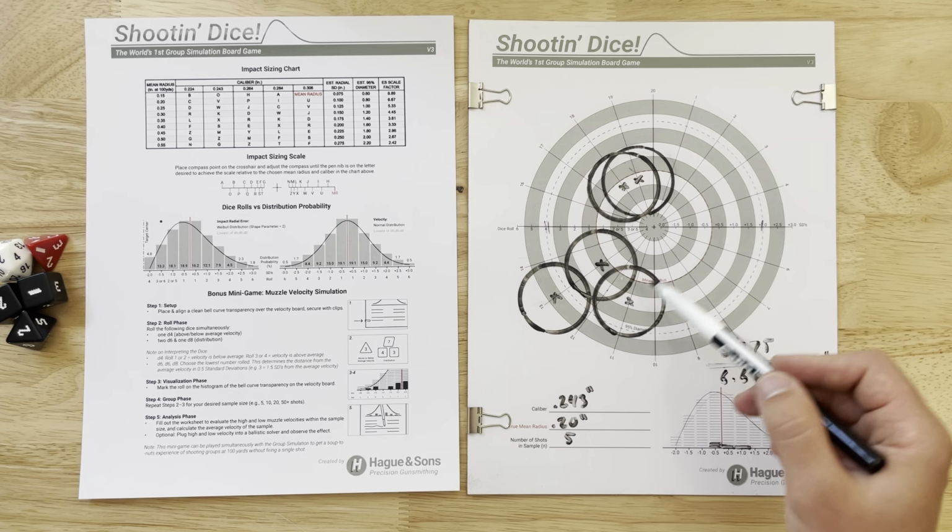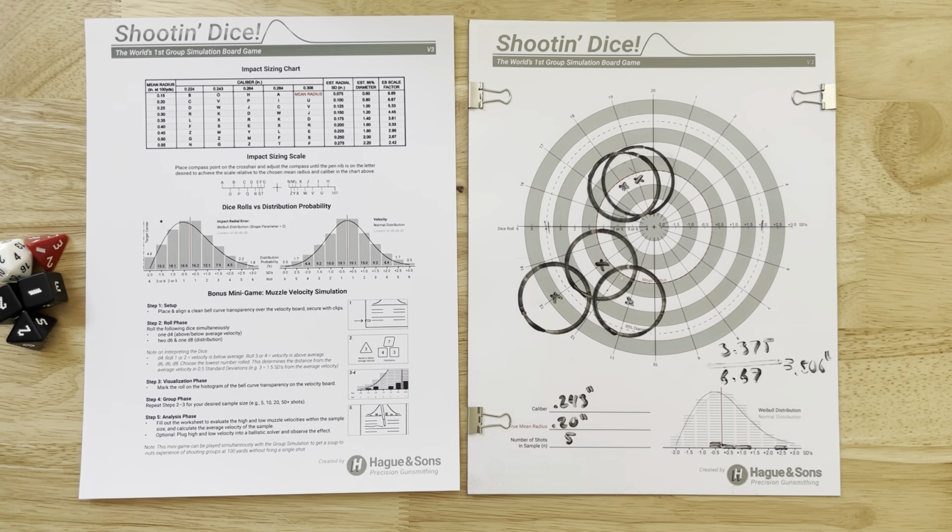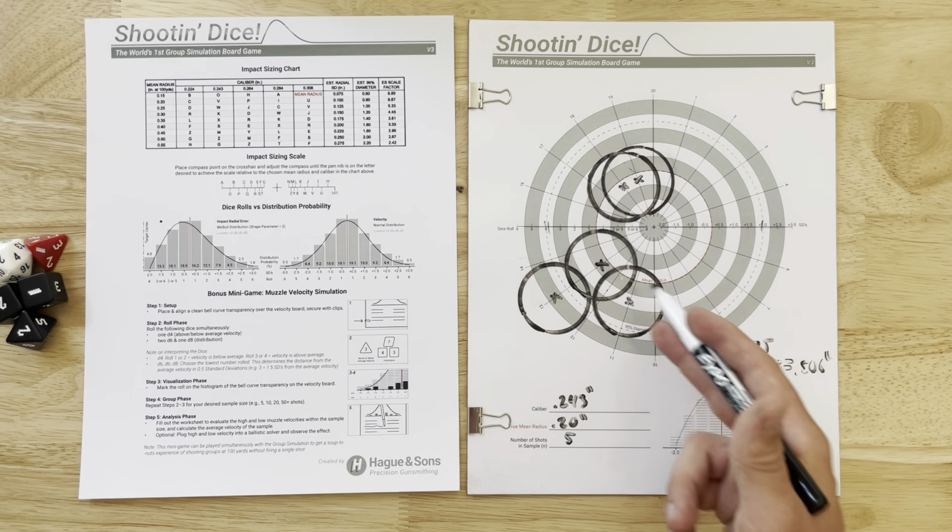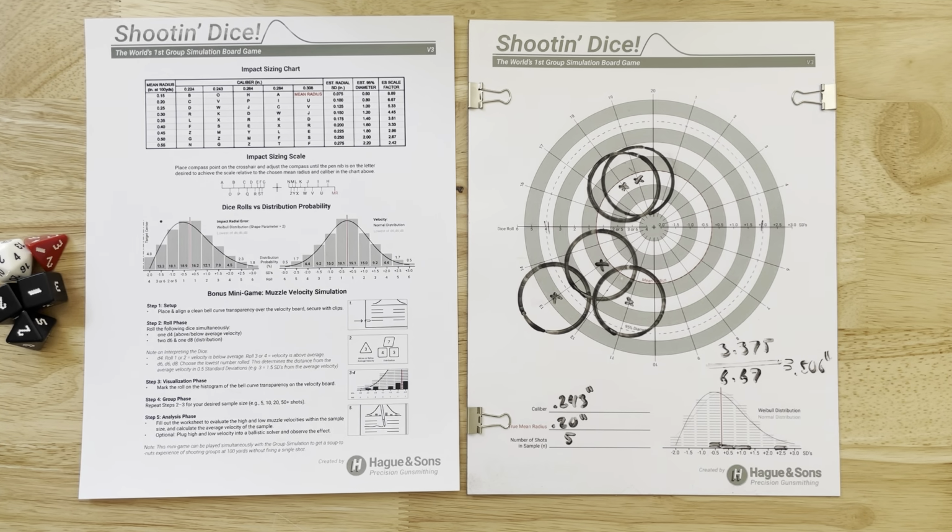Again, this group of 5 shots is not representative of what we can expect 95% of the time for a rifle that shoots with a mean radius of 0.2 inches. But let's keep rolling until we have a statistically significant sample size.